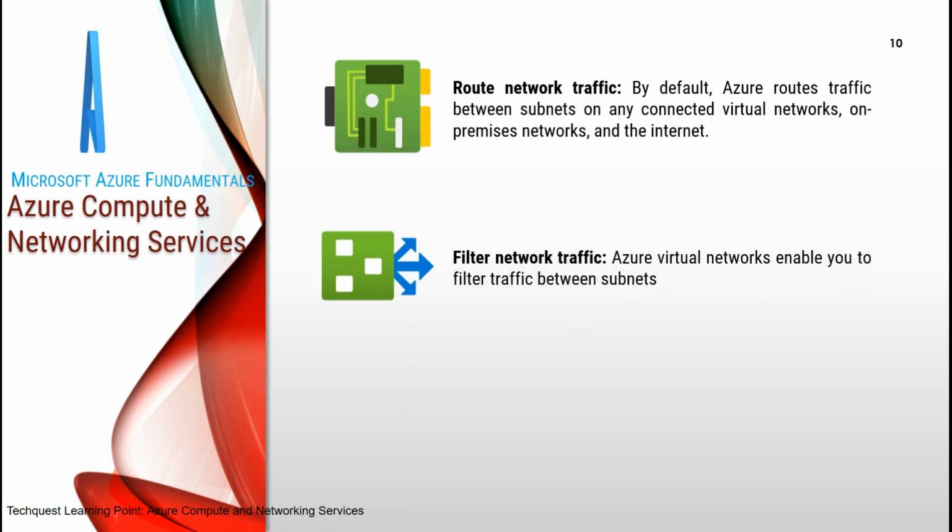Filter network traffic. Azure Virtual Networks enable you to filter traffic between subnets by using the following approaches. Network security groups are Azure resources that can contain multiple inbound and outbound security rules. You can define these rules to allow or block traffic based on factors such as source and destination IP address, port, and protocol.